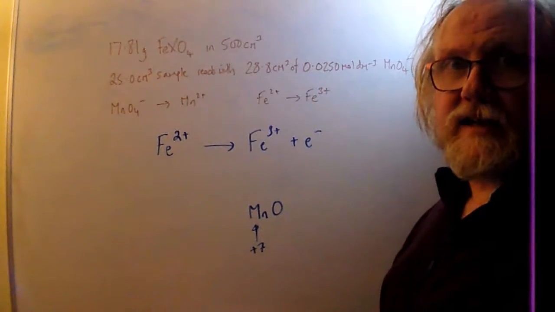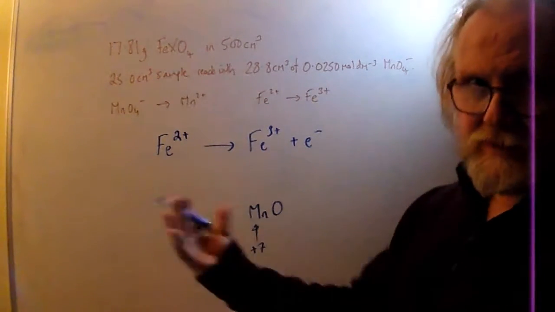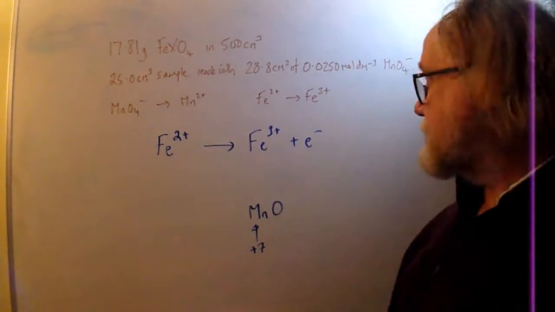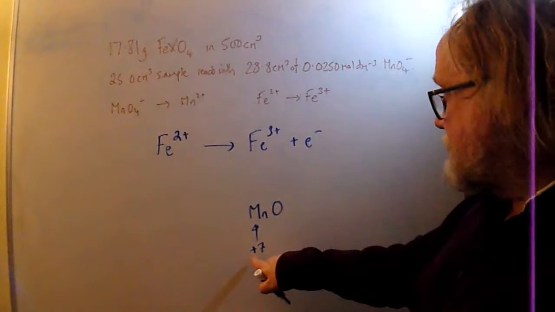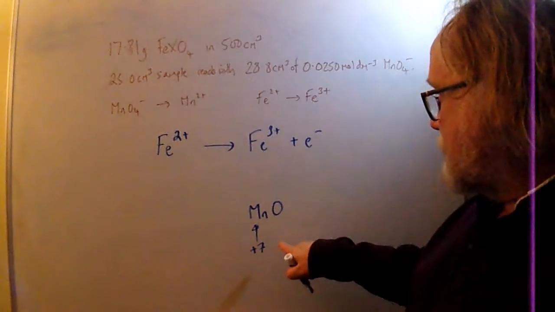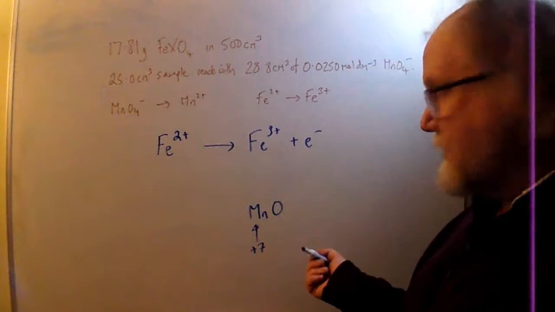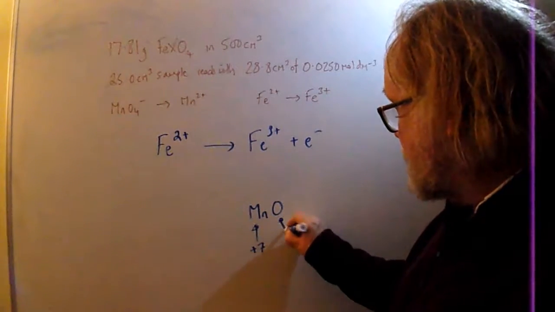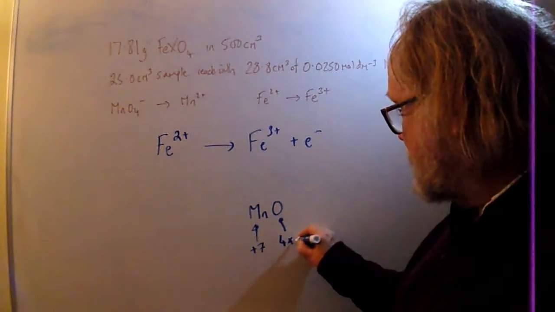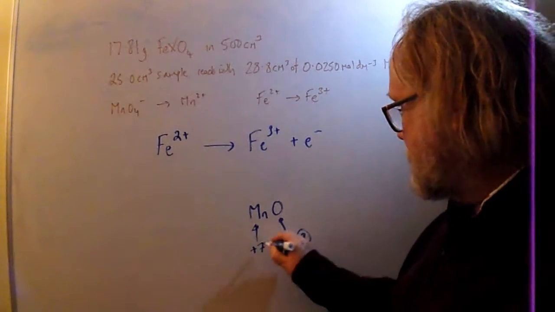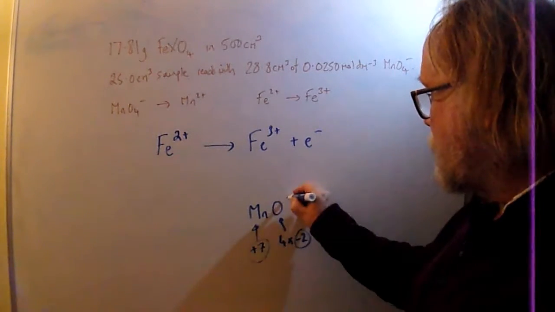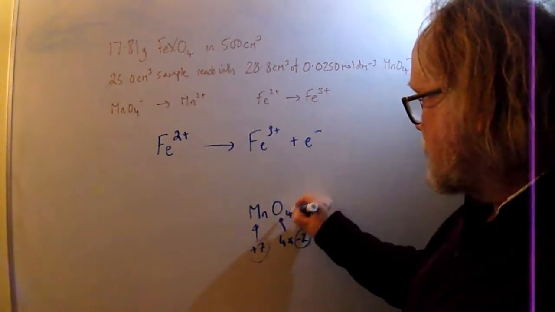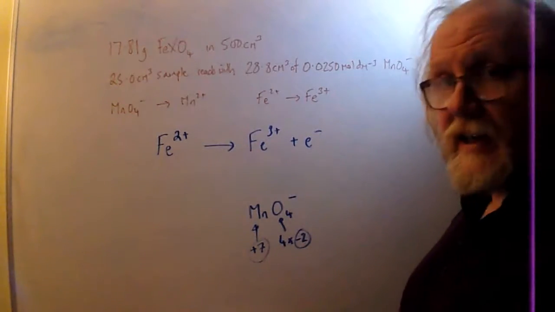And you know it has to have a negative charge, because that's what 8 ions are, they're anions. So if the manganese is plus 7, we're going to have minus 8 to get it to be negatively charged. So that would be 4 lots of minus 2, which would make it 1 minus overall. So you can work out it's MnO4 minus.